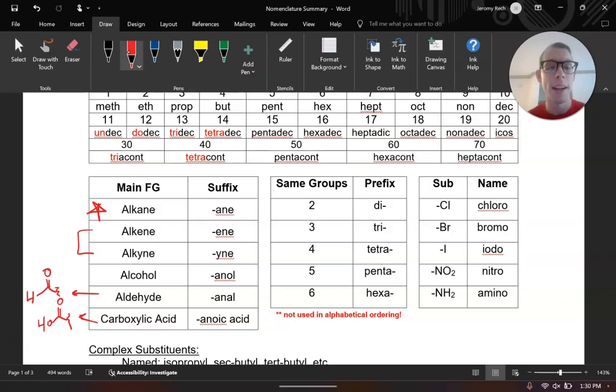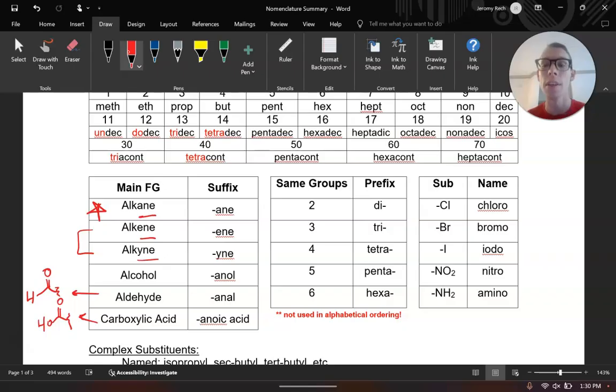The alkane, alkene, alkyne are really nice because the endings ane, ene, and yne are the exact suffixes that we are going to use. So if you have a 5-carbon system that has a double bond, we would describe that as a pentene, rather than a pentane, which would be all single bonds. For alcohols, we use ol.